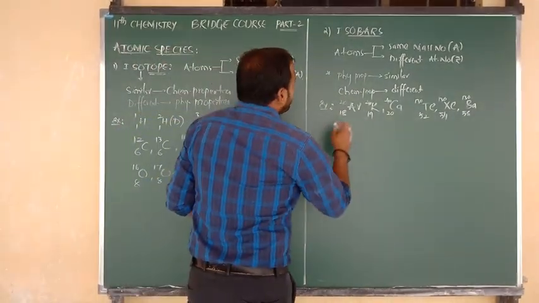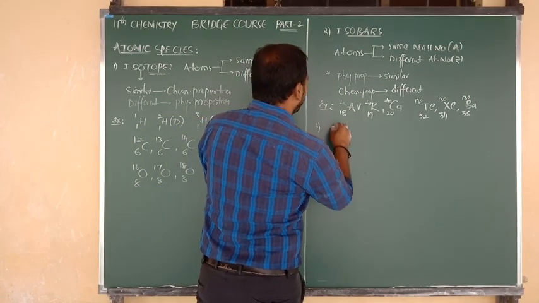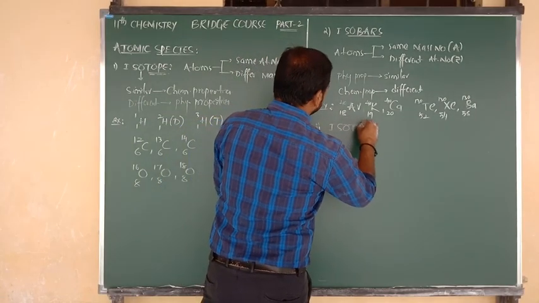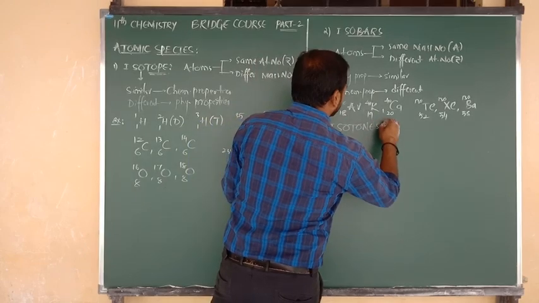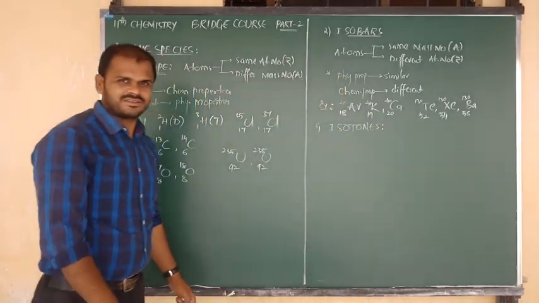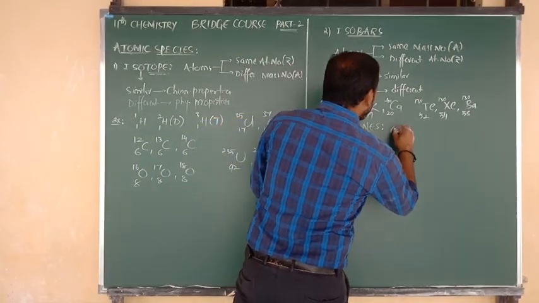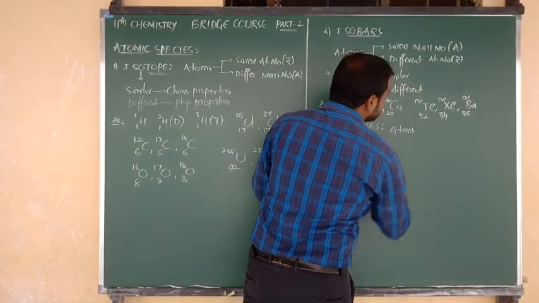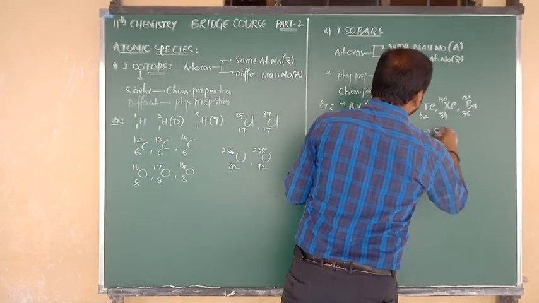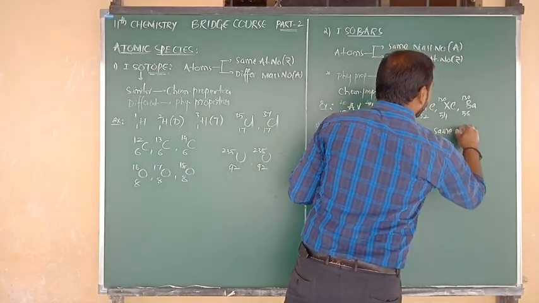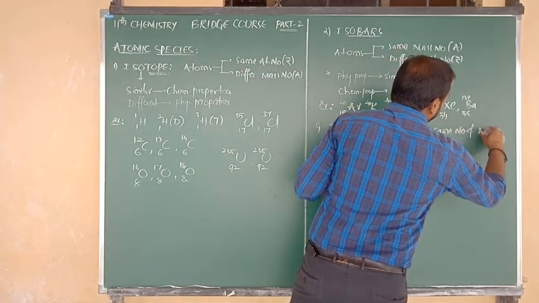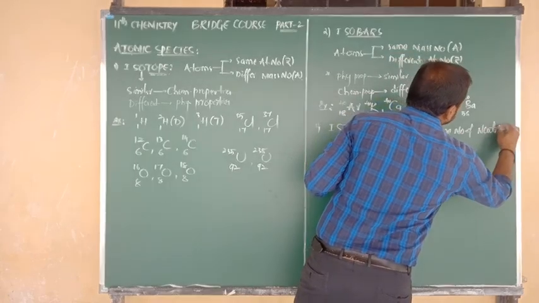Okay, beta. Next, the third category I am going to show you is the isotones. Sir, what is meant by isotones? Isotones are atoms, and also we can say species, which have the same number of neutrons.